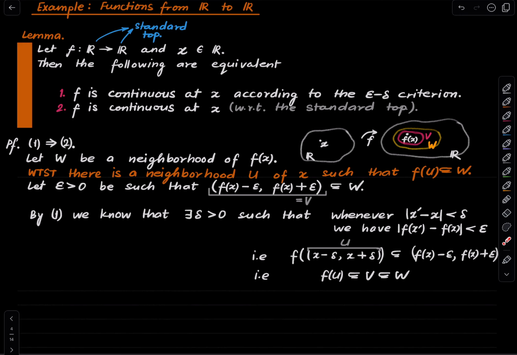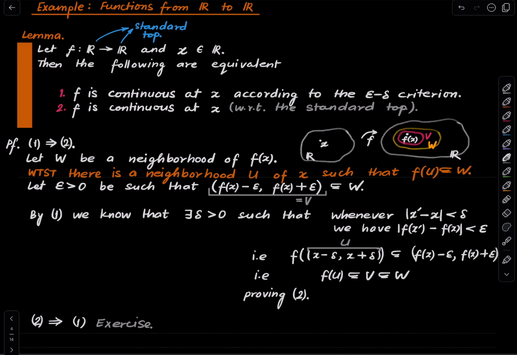So we have found a neighborhood U of x such that this happens. So this proves 2. And the proof of 2 implies 1 is very similar. This is an exercise. It's just the inversion of these steps, pretty much.